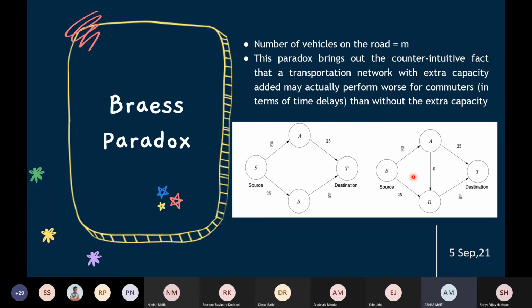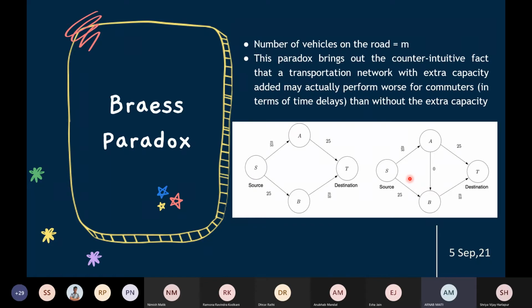So let's say the total number of vehicles is 2000. If they go equally, then it will cost them 45 minutes. But if everyone takes the path of SABT, then the time will now almost double, because the number of people going through those paths will become 2000.